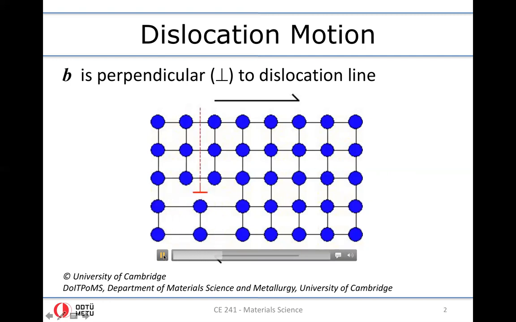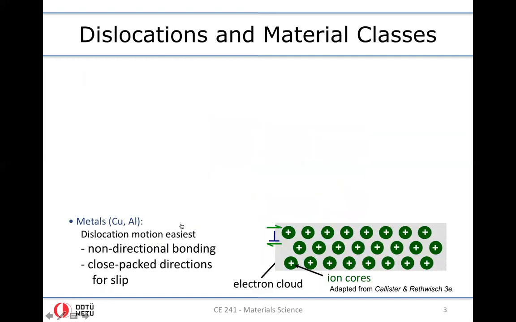For example, if you take 2 steps, 1 to here and 1 to here and 1 to here and 1 to here, then the dislocation plane is here, and the Burgers vector is the vector that is needed to close a circuit. Okay. So let's continue with the next slide, where we will discuss why dislocations are moving easier in metallic materials.